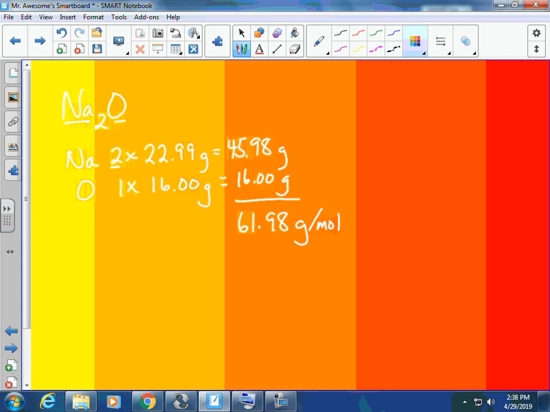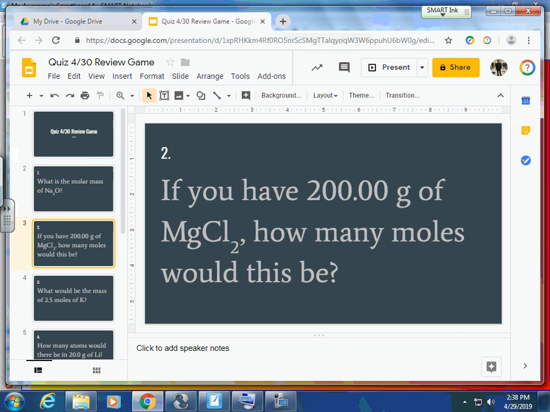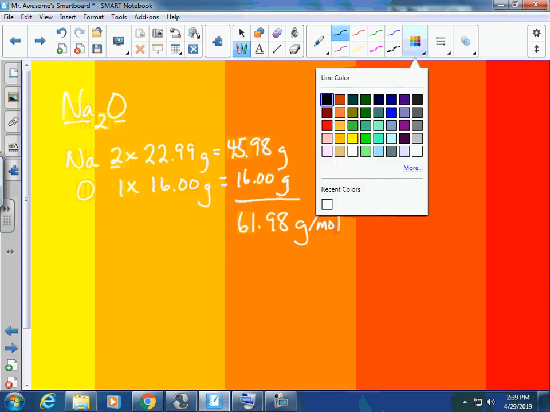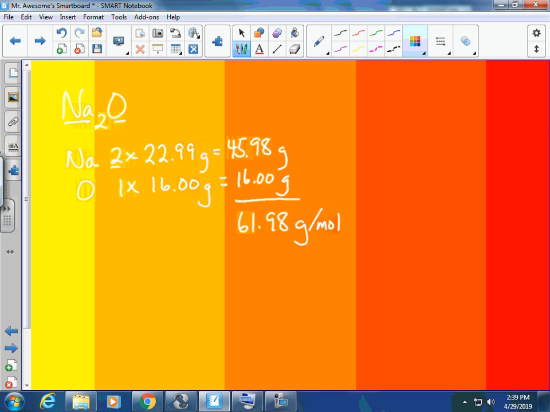Our next problem, we have 200 grams of MgCl2. How many moles would this be? All right. MgCl2, and we have 200 grams of it. How many moles?